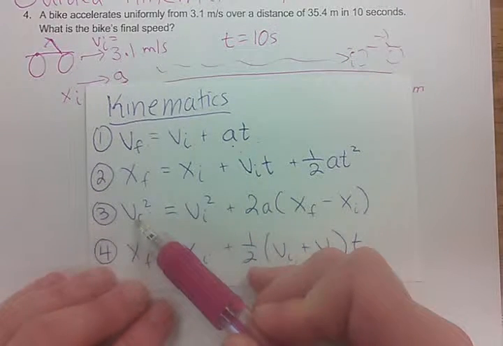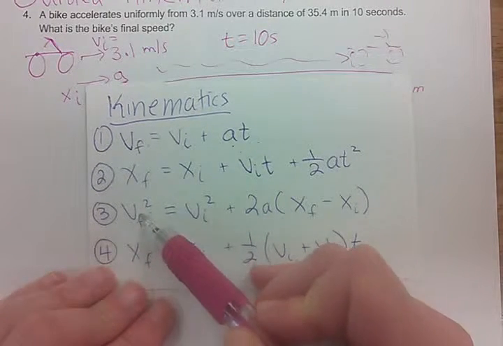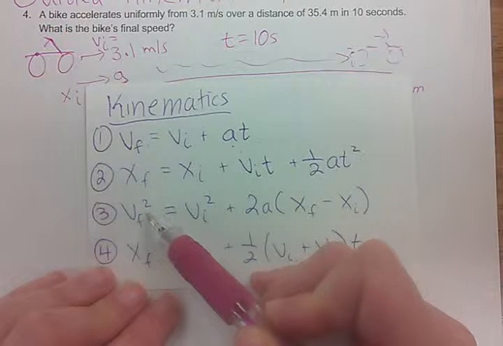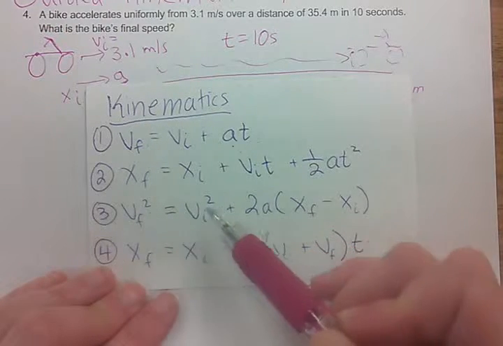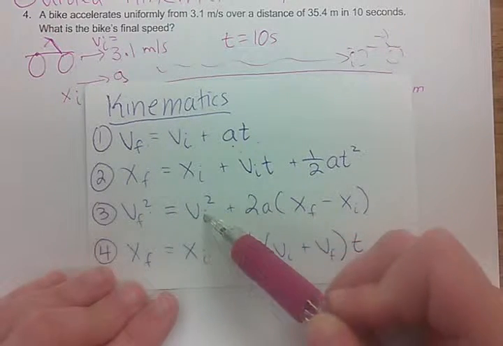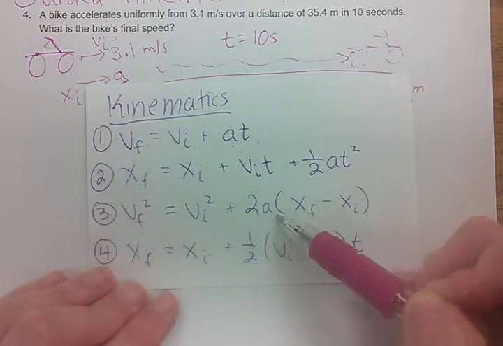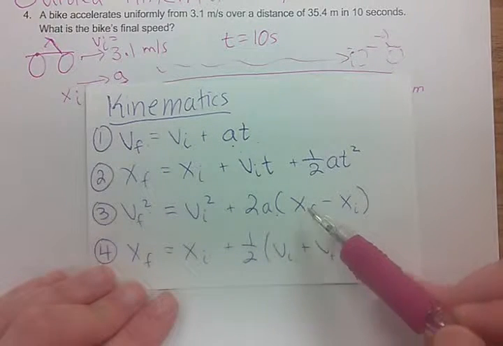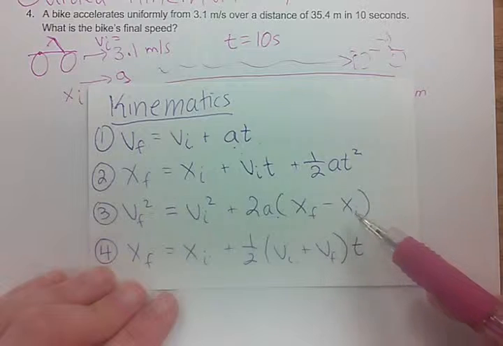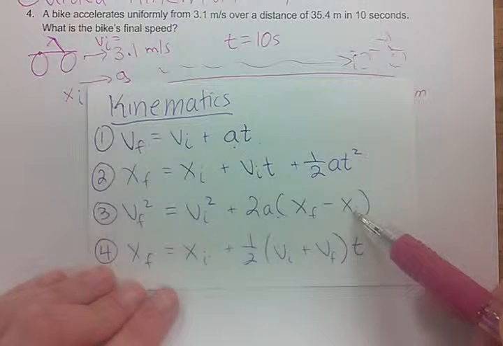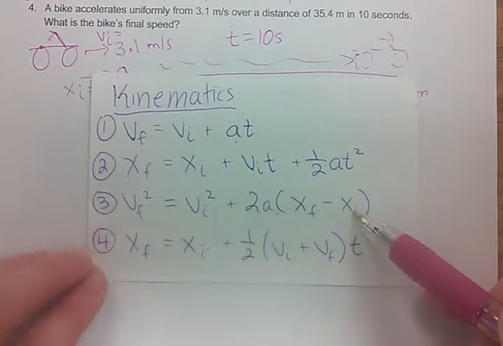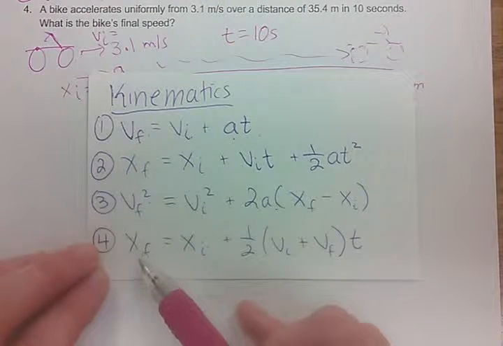How about number 3? Well, we're looking for VF, so we want to see that variable in there. We have VI. We do not know what the acceleration is, but we know what our final position is, and we know what our initial position is. So let's go back to that one. Okay, kinematic number 4.